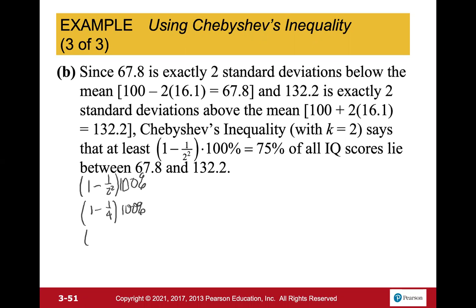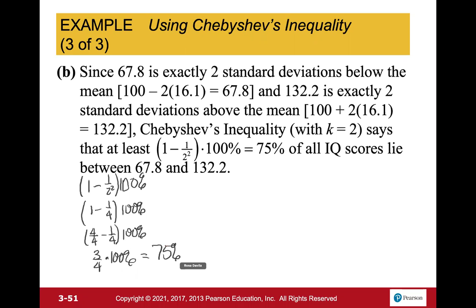So 4/4 gives us 1, minus 1/4 times 100%. And from there, 4 minus 1 is 3. So we have 3/4 times 100%. And we know that 3/4 is 0.75. We could type it into our calculator. And 0.75 times 100 gives us 75.